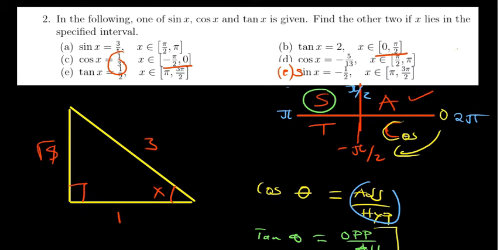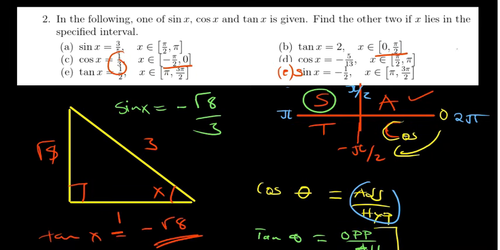So sine will be the opposite, to be negative, the opposite over the hypotenuse. And then tan will also be negative. Okay. Over 1, which will not change anything. So basically, that's how you handle questions here.